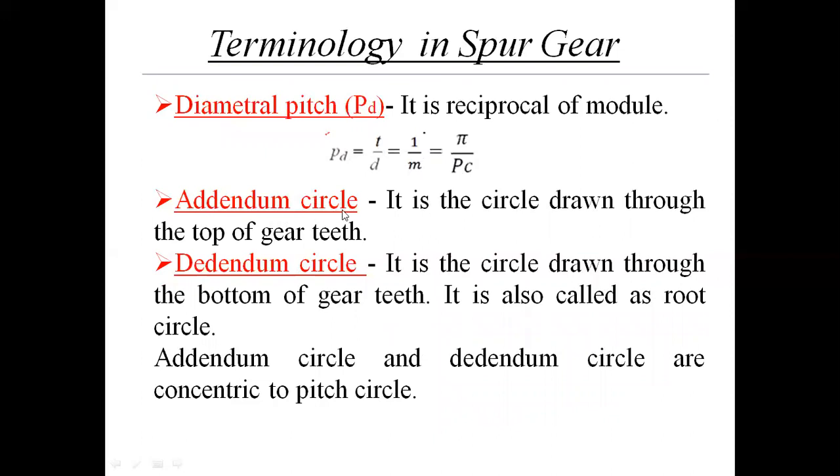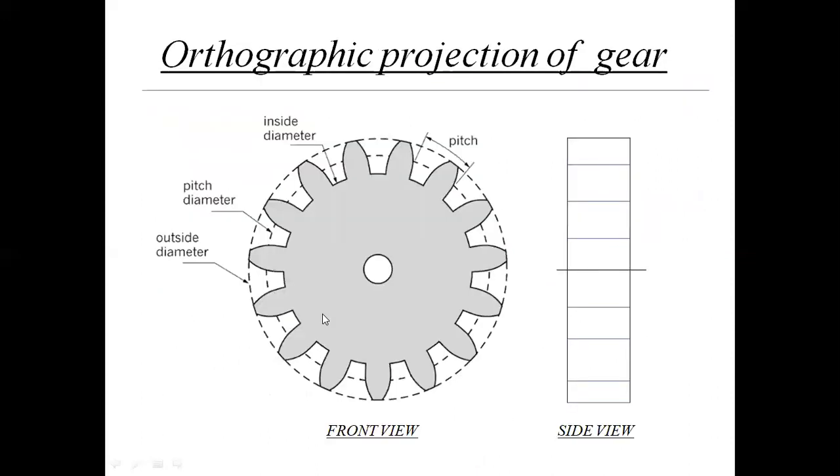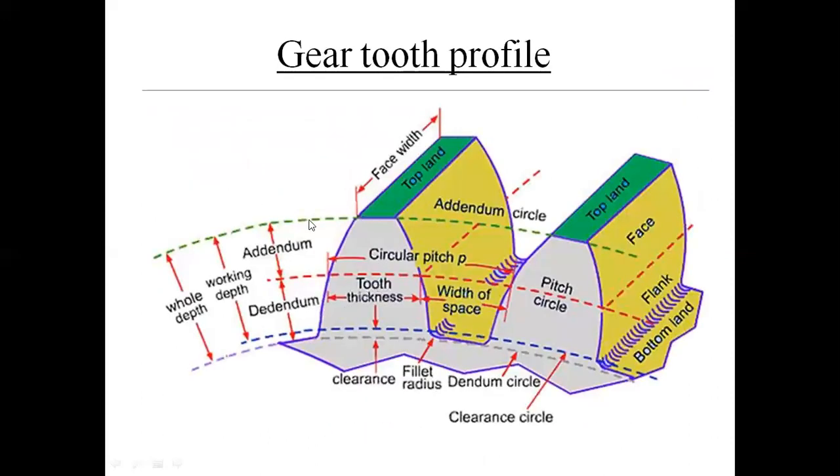Next is addendum circle. Addendum circle is the circle drawn through the top of the gear teeth, and dedendum circle is the circle drawn through the bottom of the gear teeth. It is also called the root circle. If you see the figure here, this is the top of the gear teeth and this is the bottom of the gear teeth.